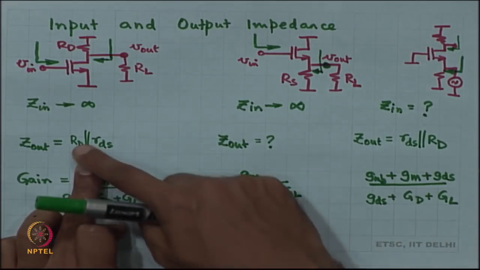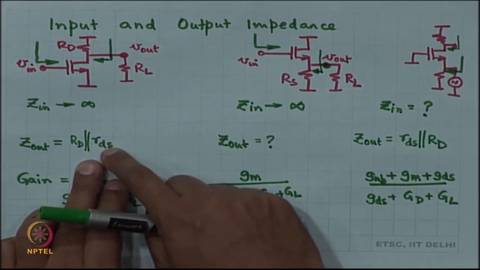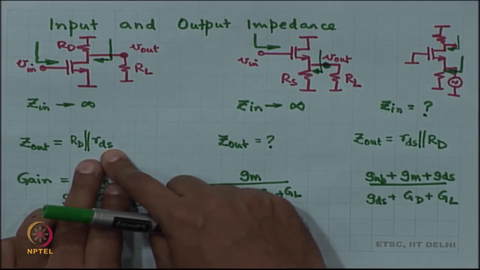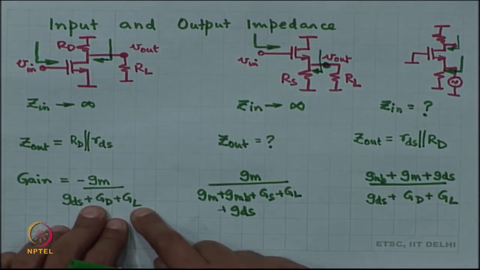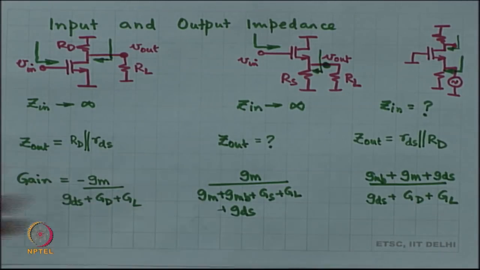Maybe if you place R L is equal to R D parallel R S, then you will get maximum power transfer into R L, right. Is that okay? But the gain also will change.